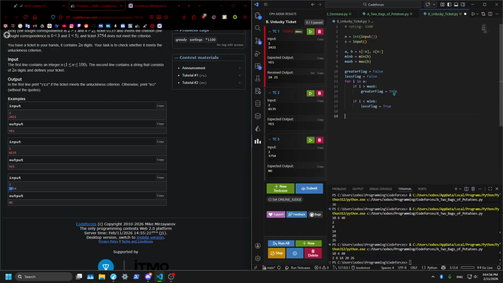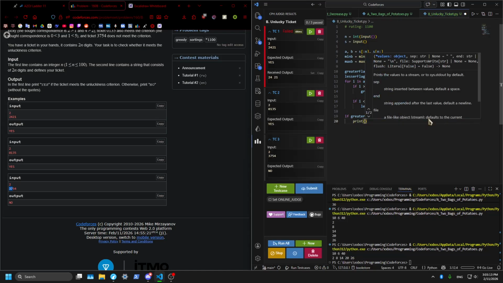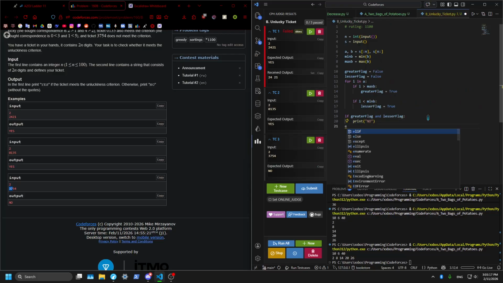Okay, and then if greater flag and lesser flag, print no, else print yes.